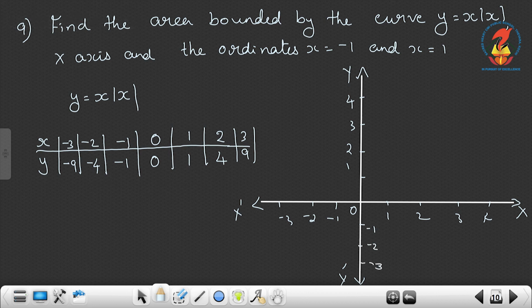So 0, 0, 1, 1, 2, 4. Then left side minus 1, minus 1, minus 2, minus 4. That is somewhere here. Then this one also, like the previous one, is a curve like this. y is equal to x mod x.